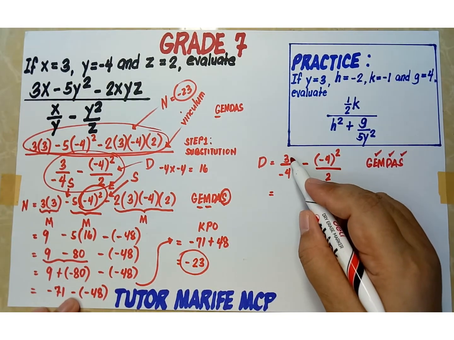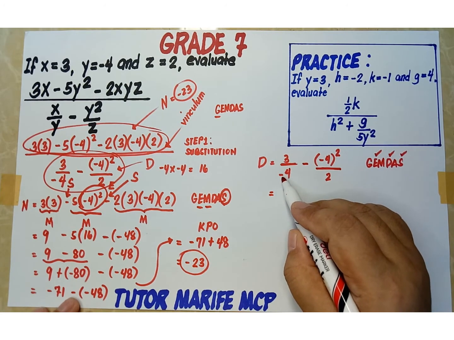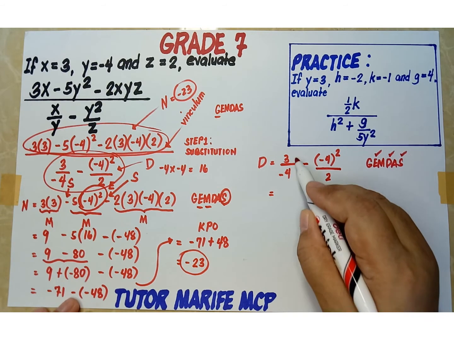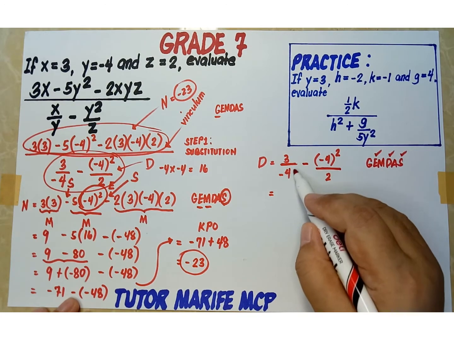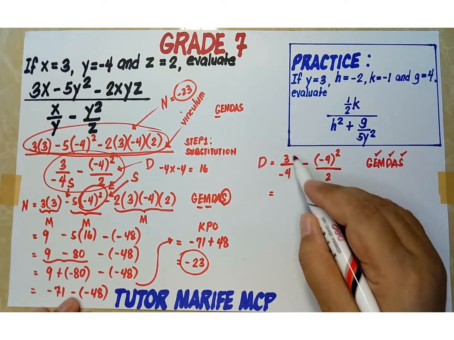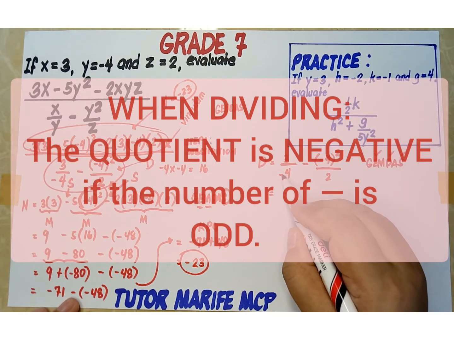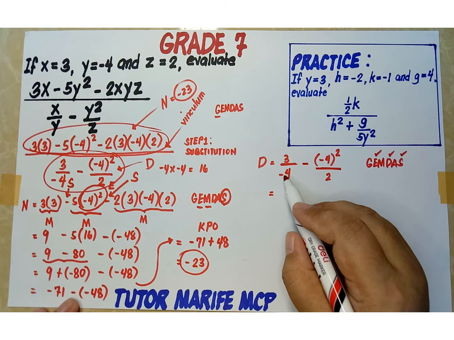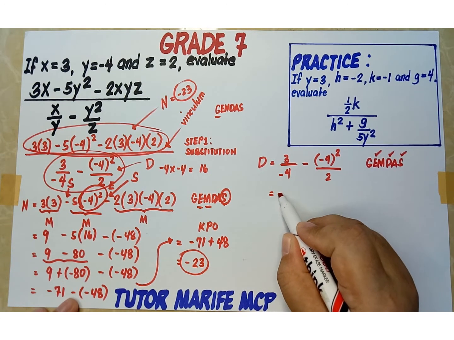Paano mo i-divide ito? Isi-simplify mo lang yung sign kasi yung negative mo nakapwesto sa ibaba. Hindi pa yan actually na-finalize. So, paano mo i-finalize? I-determine mo yung final sign nitong first term mo. Count again the negative 1. If the number of negative signs is odd, final sign is negative. So, isusulat mo lang dito sa bandang gitna.